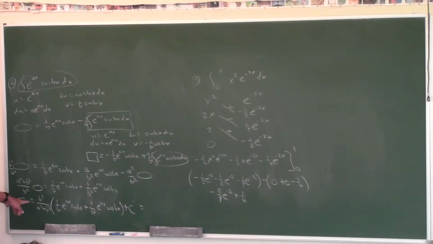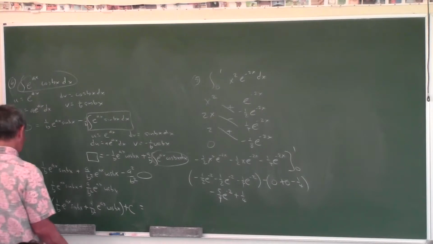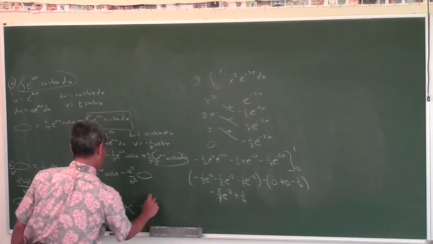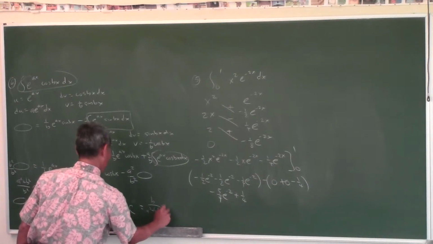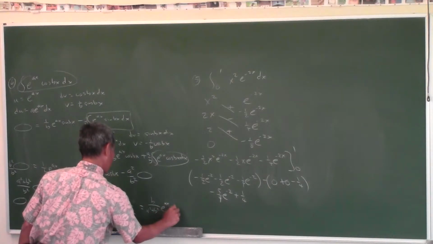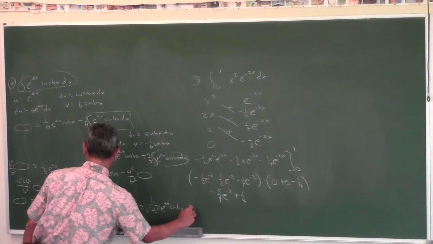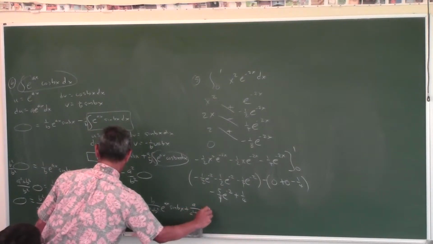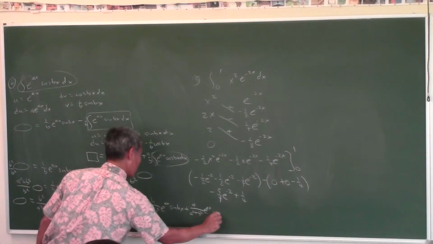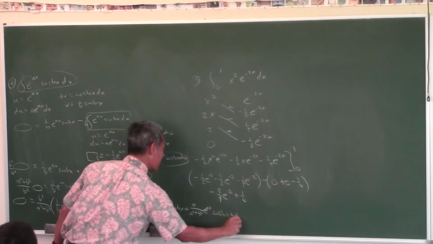It looks much nicer if you distribute that. So you get b over a squared plus b squared e to the ax sine bx plus a over a squared plus b squared e to the ax cosine bx plus c.